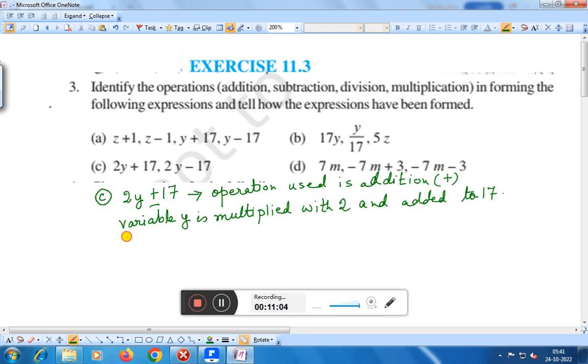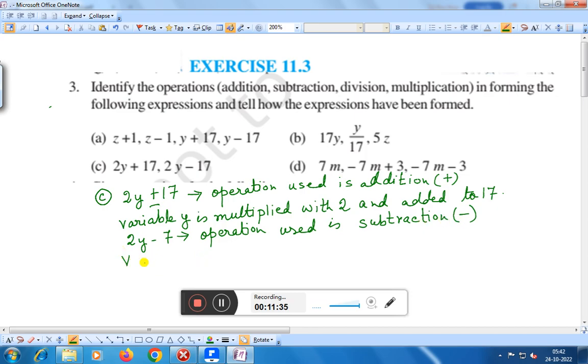Next one is 2y minus 17. Here you see the operation used is minus. Operation used is subtraction, that is minus, right? And how is the expression formed?